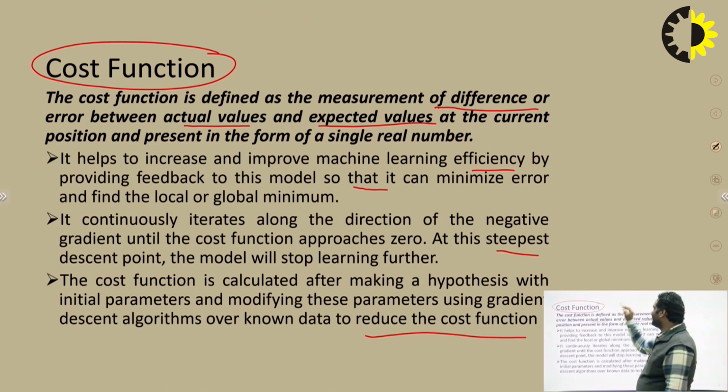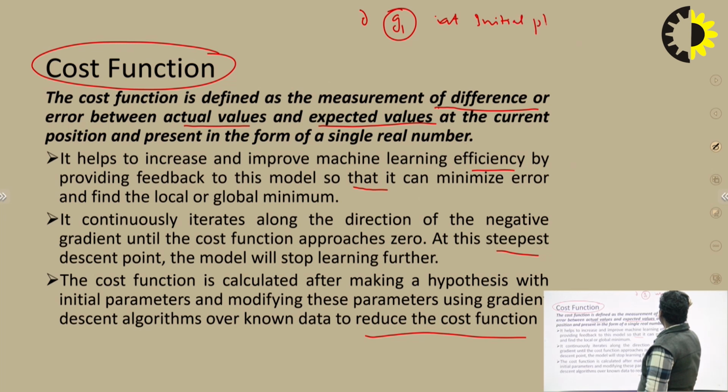So suppose at the initial point we have G1 gradient. This is G1. Now we need to find the gradient at a lower level.